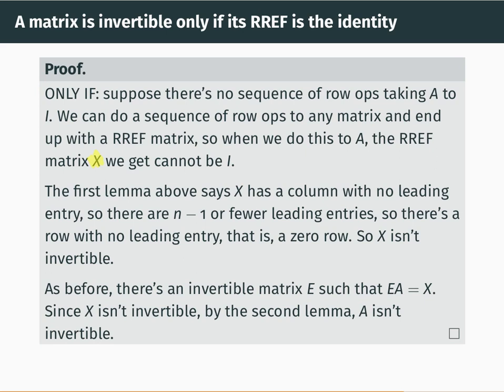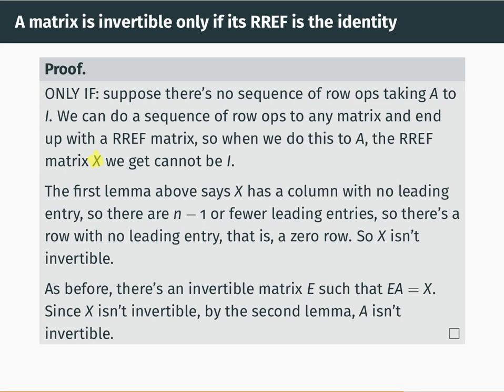Now the first lemma we proved said that since X is a row-reduced echelon form matrix, which is square and which is not the identity, it must have a column with no leading entry. So there's a column with no leading entry. That means that there are n-1 or fewer leading entries.